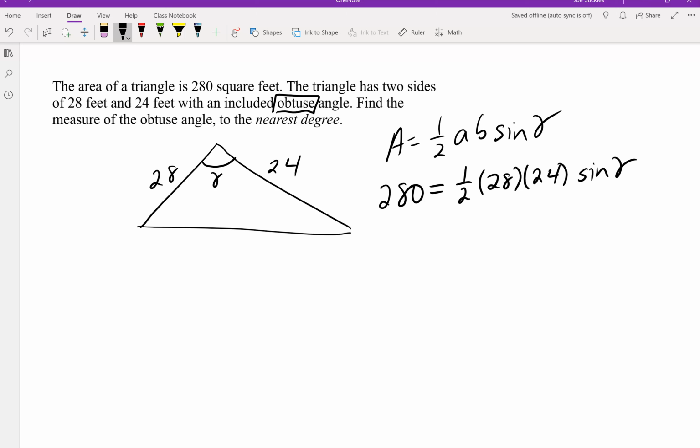So, if I isolate the sine of gamma, we get 280 divided by, if I do the 24 times that, 1/2 times 28, I get 336. I even said 336 and wrote the wrong thing.